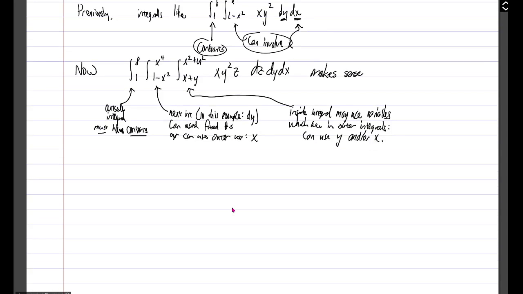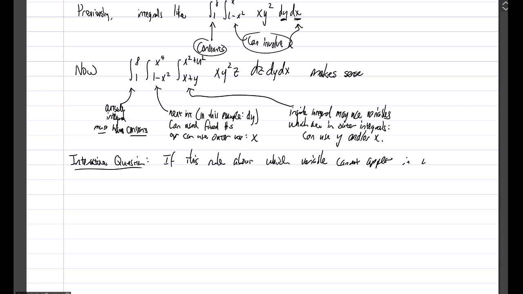So as an interactive question, let's talk about why the rules should look like this. I want you to please address the following. If this rule about which variable cannot appear in which integral is ignored.